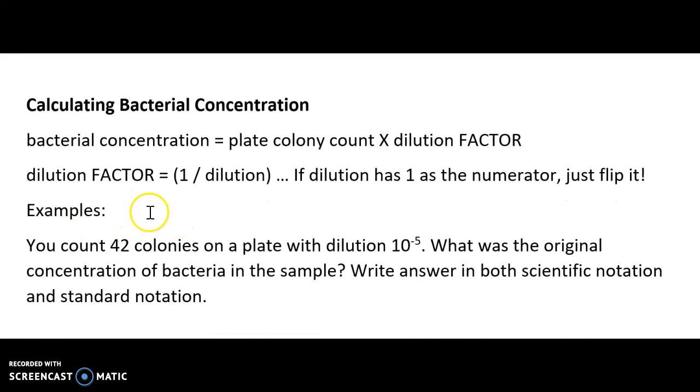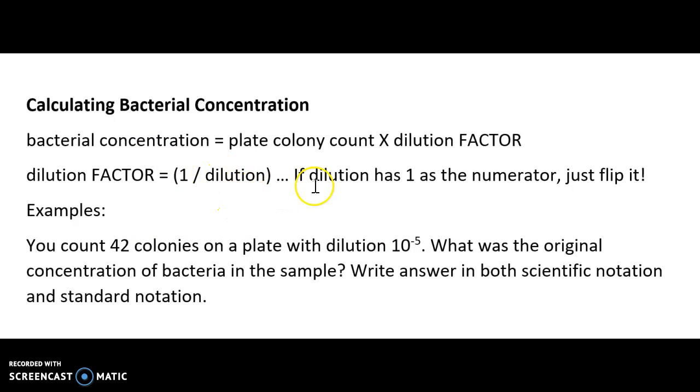Now you have one to try on your own. Calculating the actual bacterial concentration is the whole purpose of this exercise. And the way you do it is you take the plate colony count, number of colonies on the plate, times what's called the dilution factor. What is that? Well, it's 1 divided by the dilution.